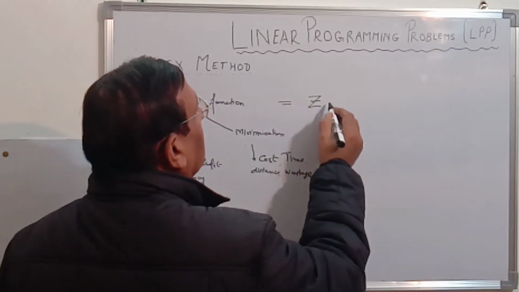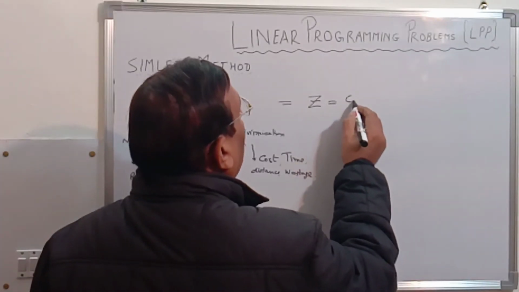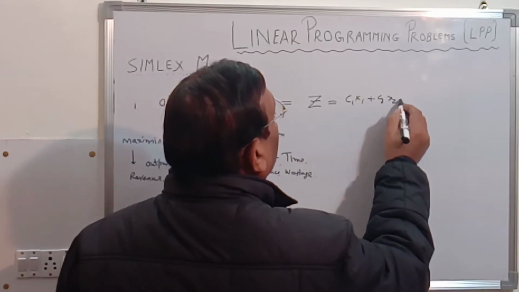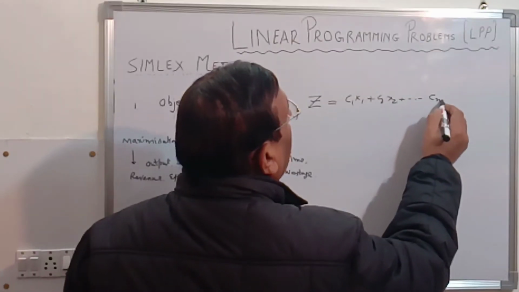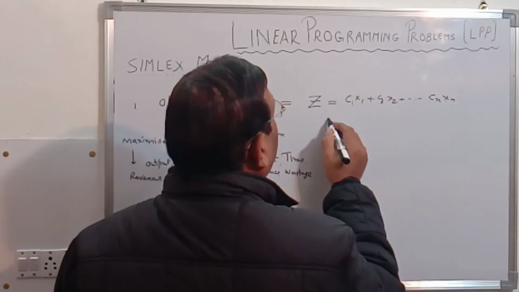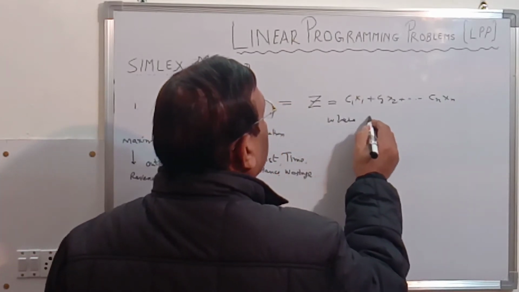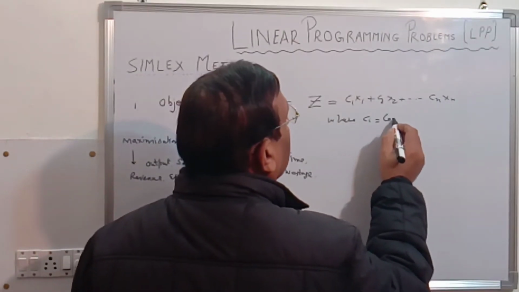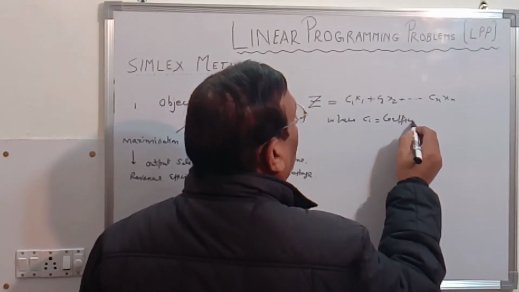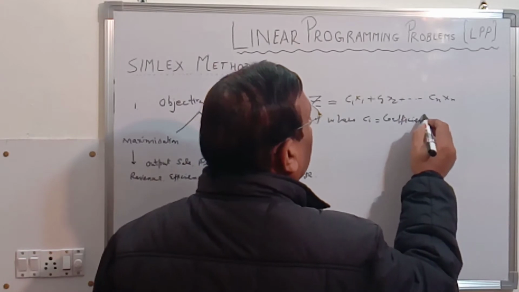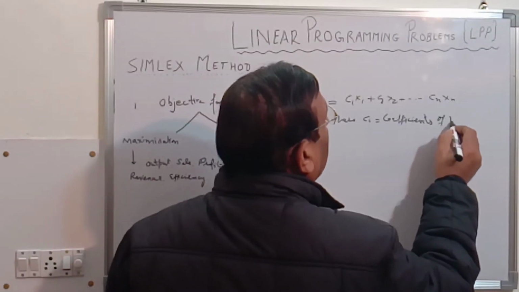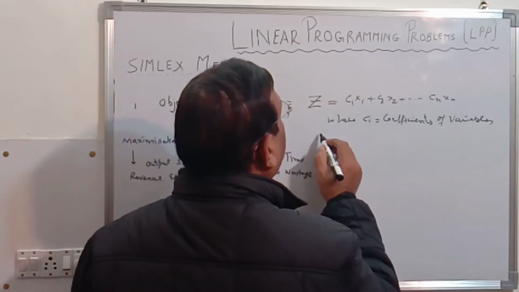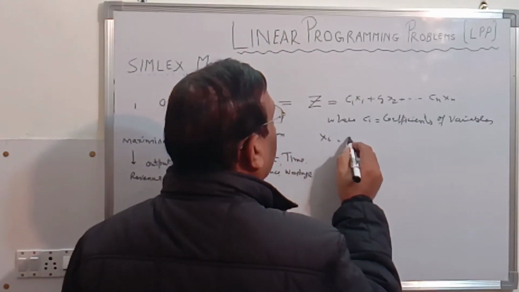This objective function is expressed in the form of the equation c1x1 + c2x2 + ... + cnxn, where Ci, that is C1, C2, C3, are the coefficients of variables, and Xi are the variables.